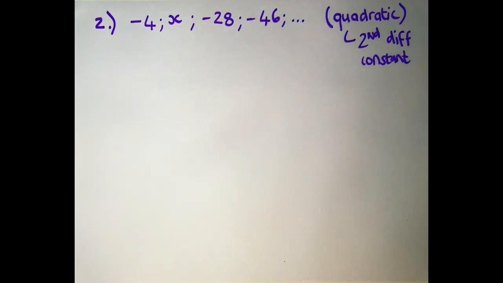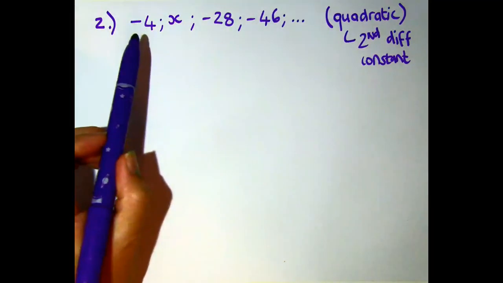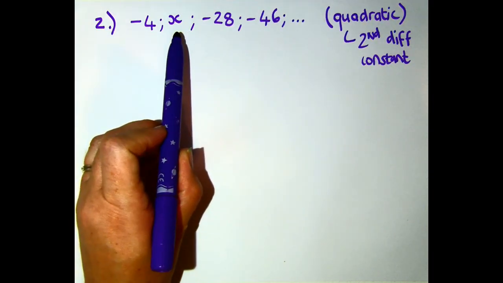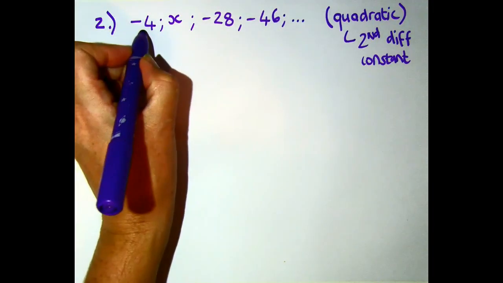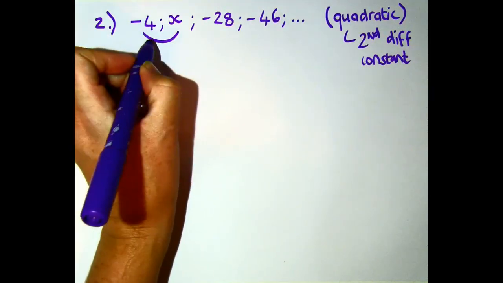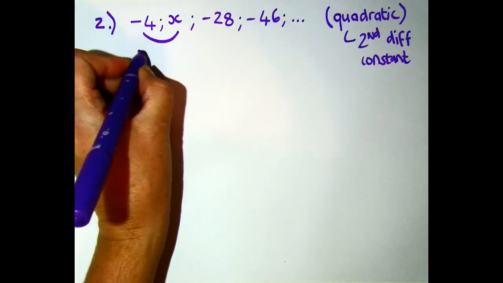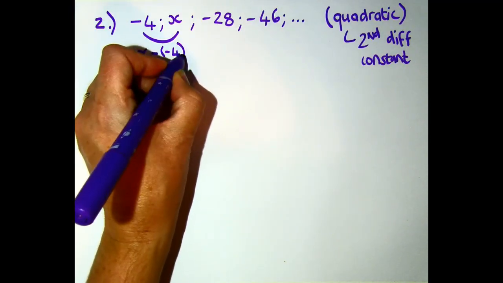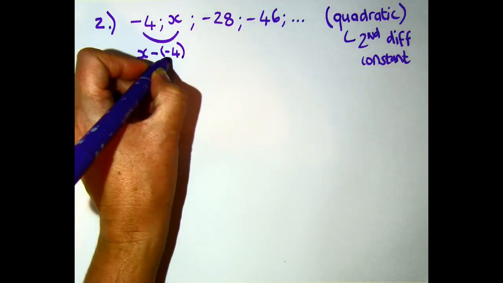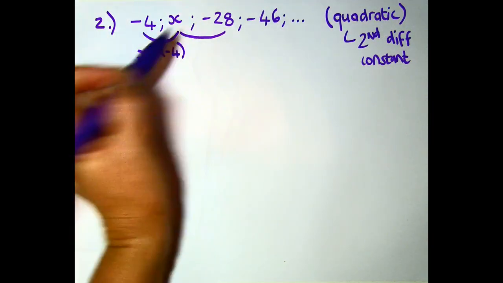In this example, the negatives complicate things as well, which is why I've chosen it. You must remember that when you're calculating the differences, you're taking that one minus that one. Okay, so we don't know what x is, but we do know that the difference between x and negative 4 is x minus negative 4, right? Which is actually x plus 4. Then we've got x over here and negative 28.